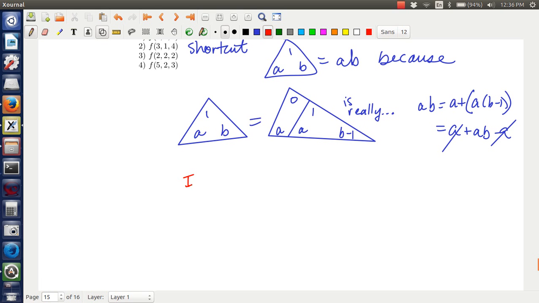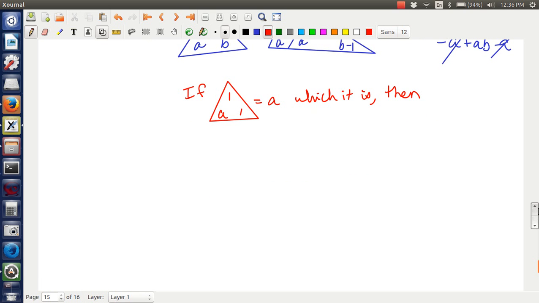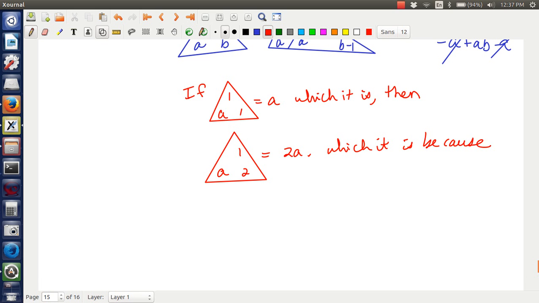If the bottom case is correct, if this is true, which it is, then this has to be true, which it is because this is true.